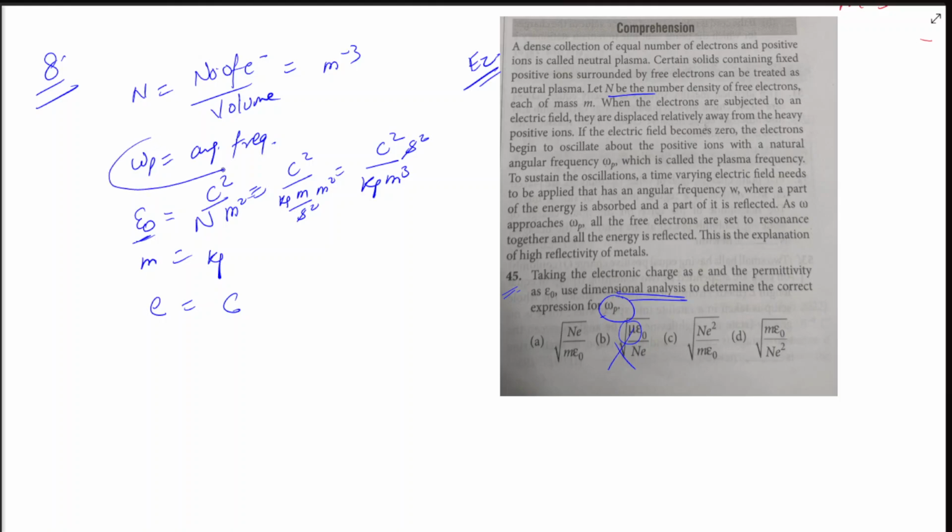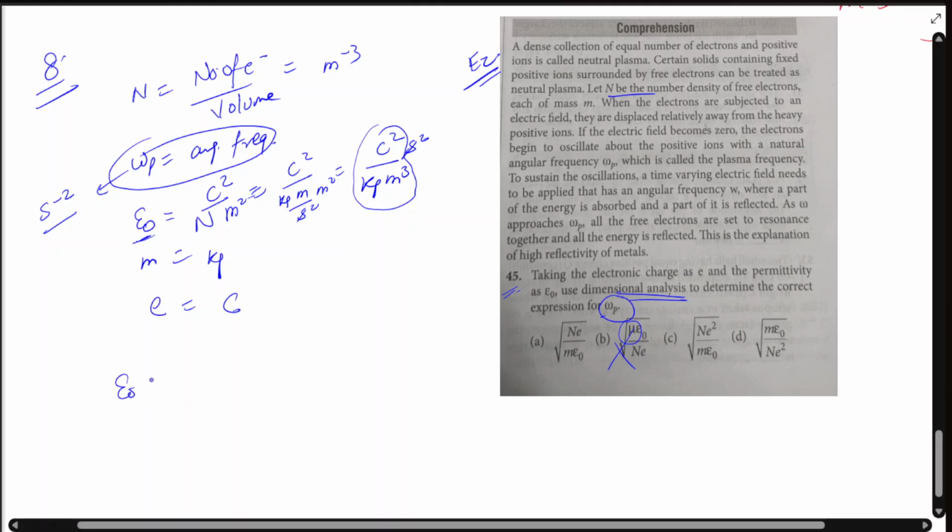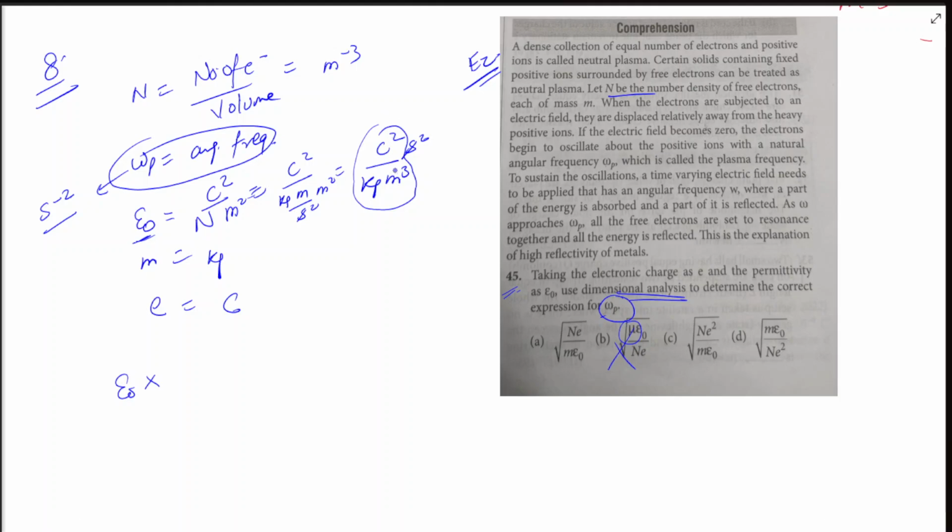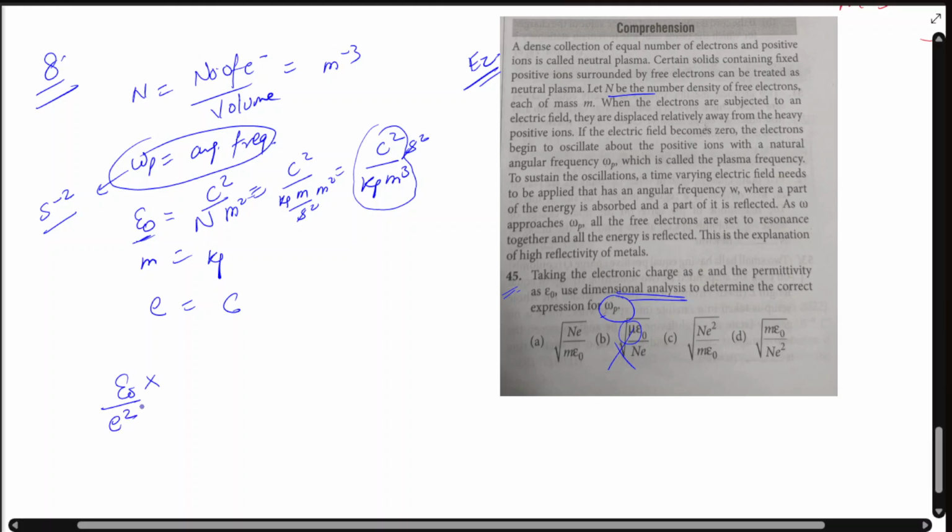So I have to make omega p. And in omega p, there is only what? Second minus 2, right? So let's multiply things to the epsilon naught so that these other three can be eliminated. Coulomb square, I have to divide by e square, so Coulomb will get cancelled.